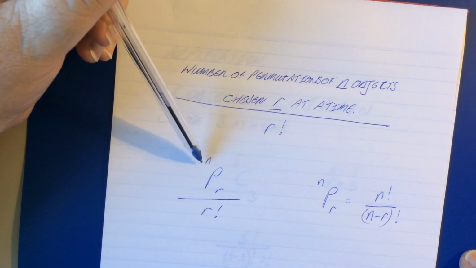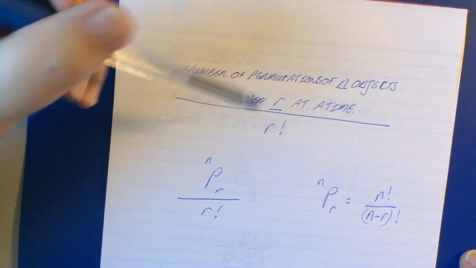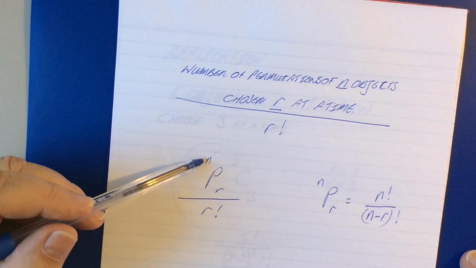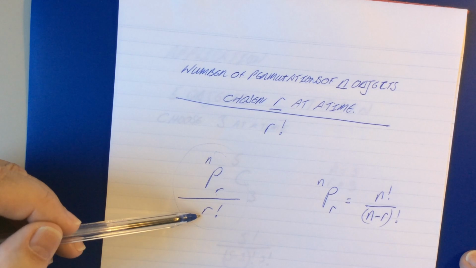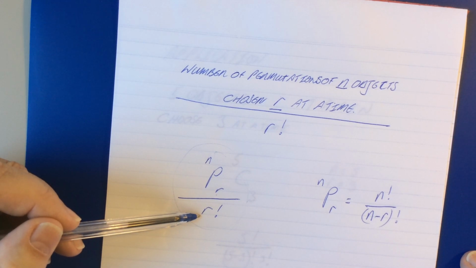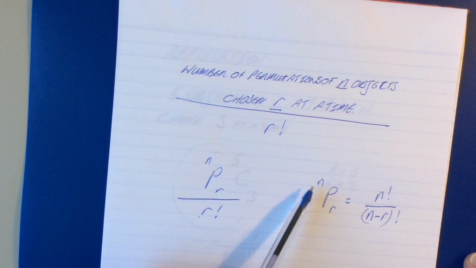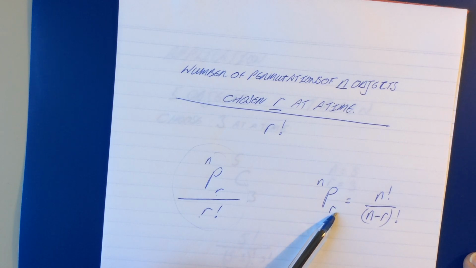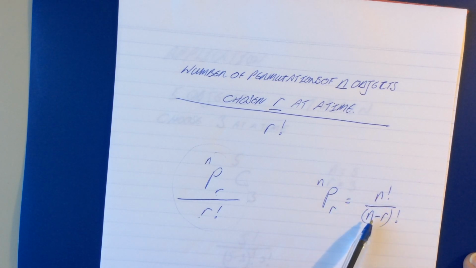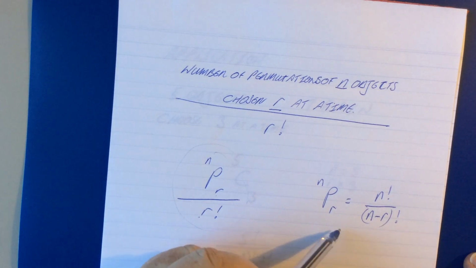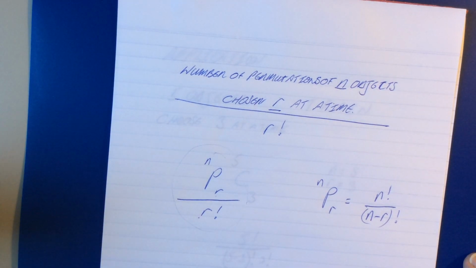A combination nCr can be written like this. It is the permutation formula divided by the factorial of your choice. Just to refresh memories, the permutation formula is n factorial over n minus r factorial, and what we're doing is dividing this one more time by r factorial.